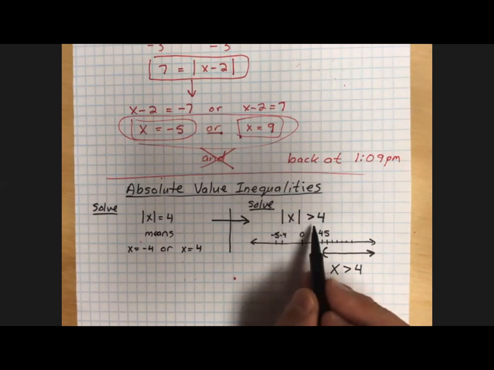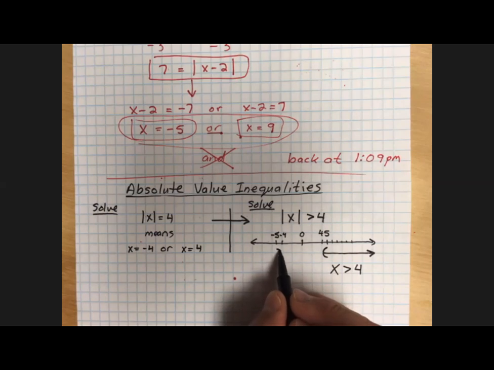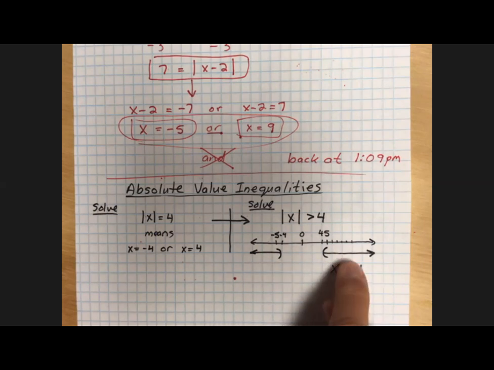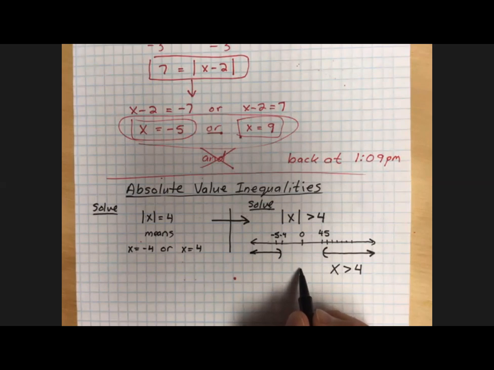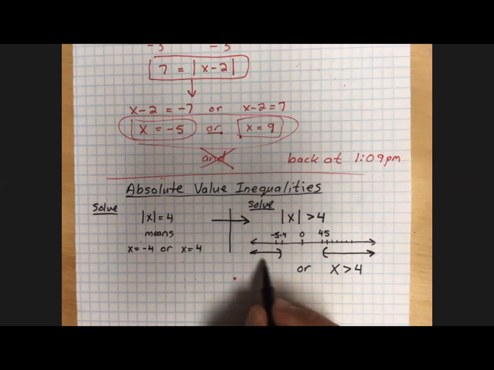It will not work. So I cannot use -4, but I can use everything less than. That's how I would draw it. And the moment I draw it, you say again, I have 2 chances to win. Or. And this is described in math language as x is less than -4.